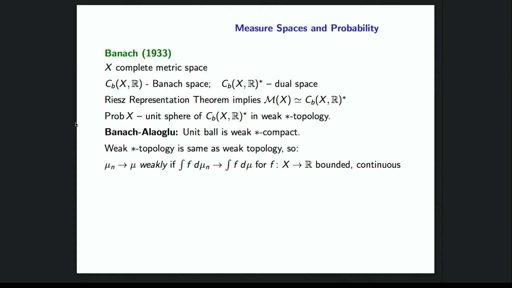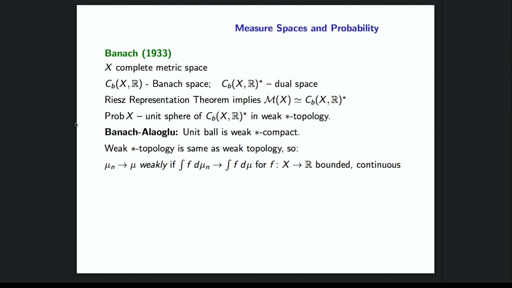And the key point there was this idea of looking at a metric space, a complete metric space, and looking at the bounded continuous functions from X into the reals, and then taking the Banach space dual, the space of continuous linear functionals, from this space into the reals. And that's the dual space.